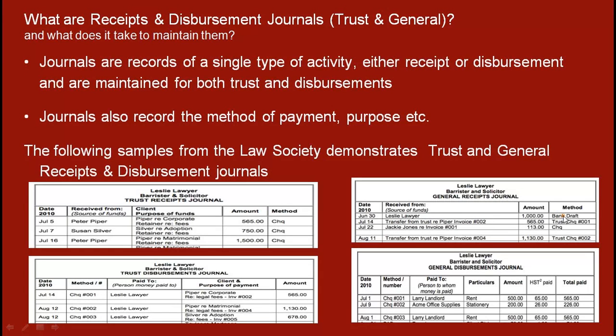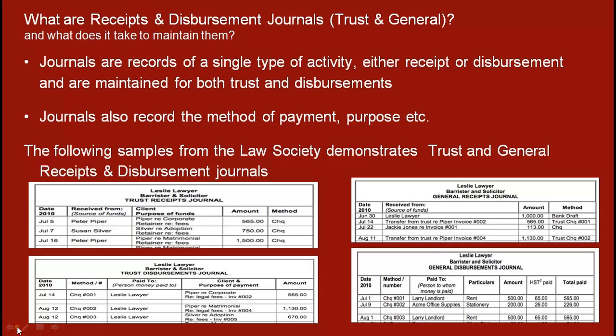So the particulars of the information remain the same, but the accounts that are related here are different because one is a trust and the other is a general. Okay, so these are four documents that are a big part of that compliant checklist of documents that the Law Society would request you to present.